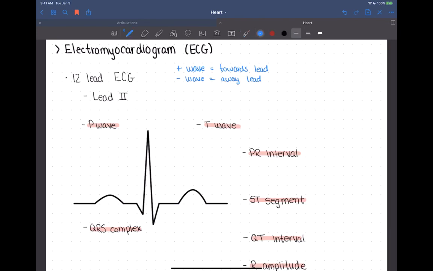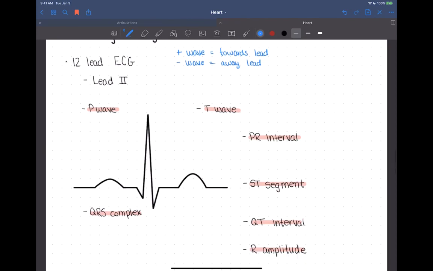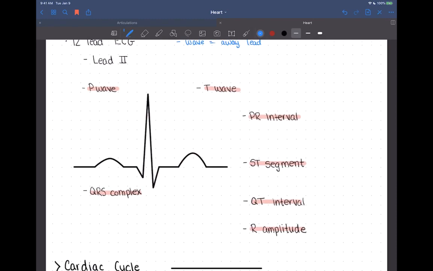All right, so let's talk about the different components of this ECG. We'll first label our major structures, and then we'll look at some smaller regions that can be measured for different heart functions. The first structure is the P wave, this first bump here.